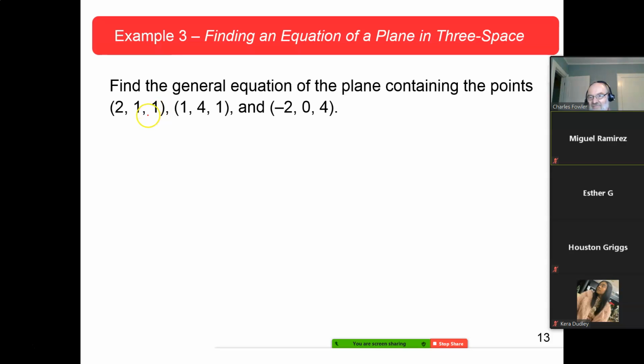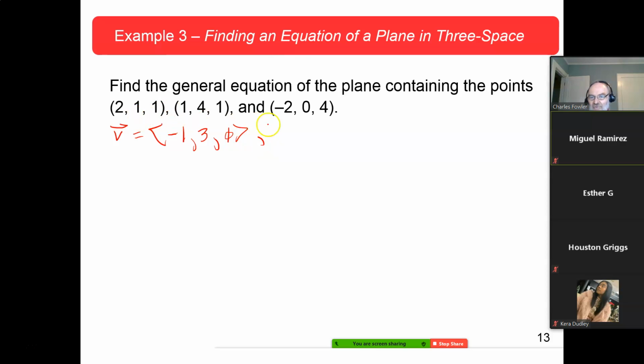Well, let's find the vector between these 2 points. That's got to be in the plane. It doesn't really matter what you would do, let's call that vector v maybe. And that would be 1 minus 2, a minus 1, comma, 4 minus 1, a 3, comma, 1 minus 1, a 0. This vector is in that plane.